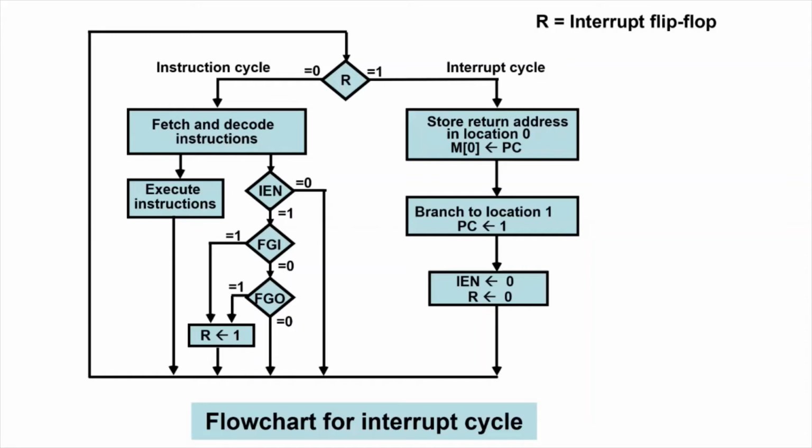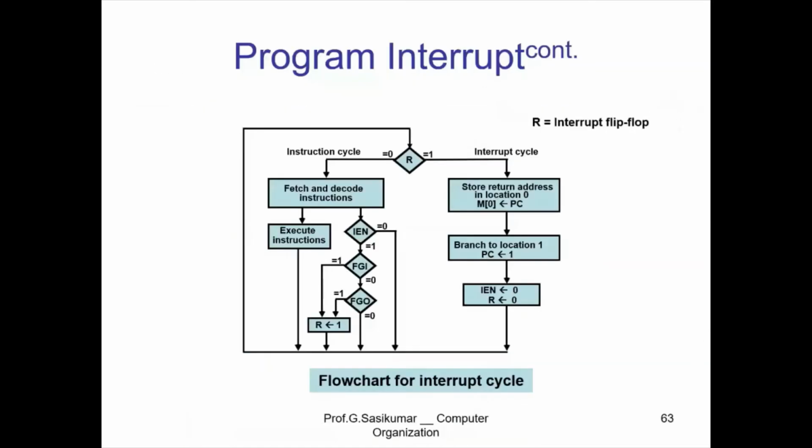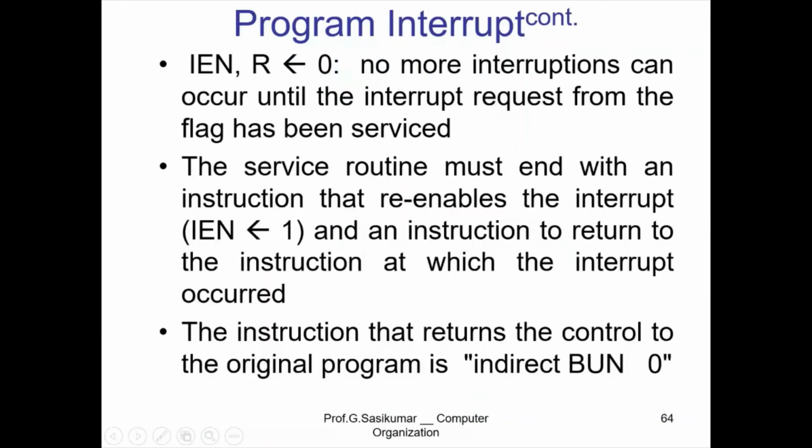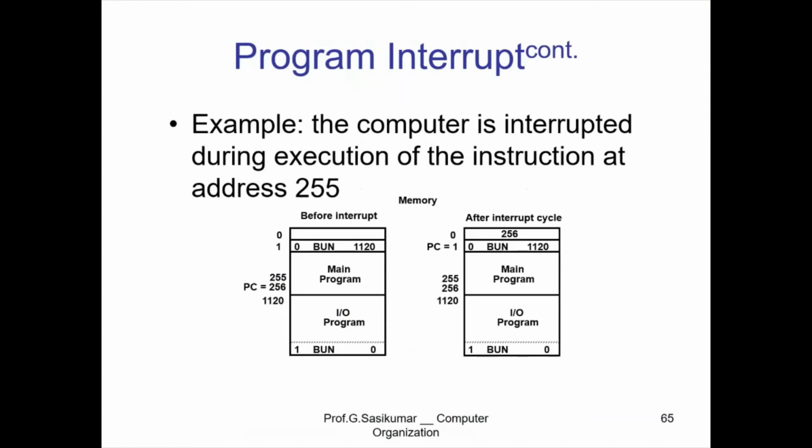Yes, this password is correct, this can be printed, yes, the data is available. Everything is based upon the interrupt flip-flops. These flip-flops are already available in the control unit, so the control unit will take care of how all these activities are executed.